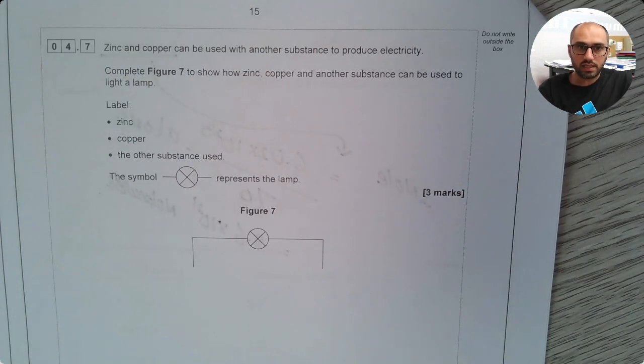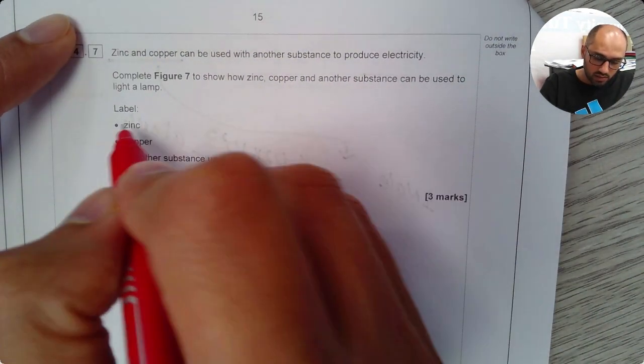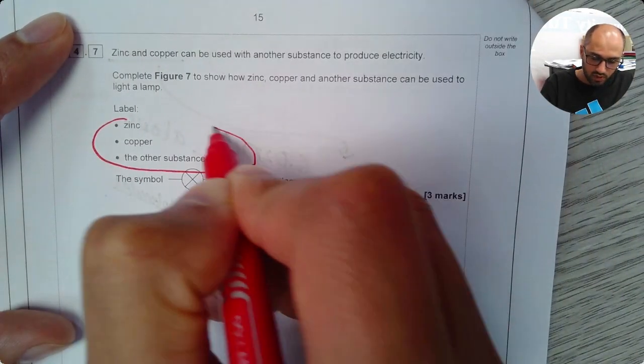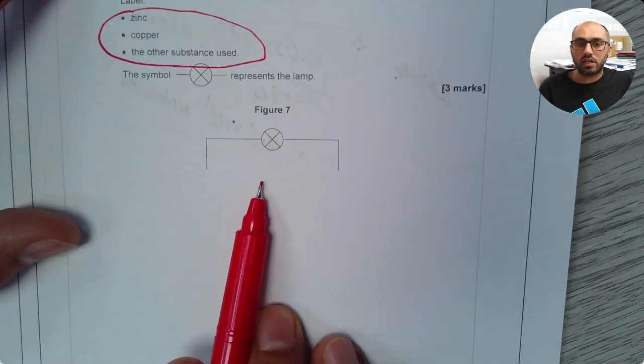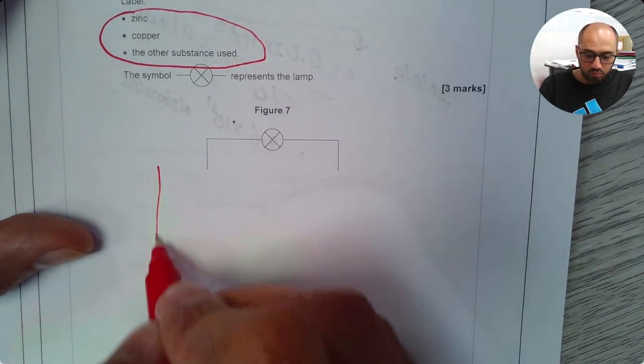Next part says zinc and copper can be used with another substance to produce electricity. Complete figure 7 to show how zinc, copper, and another substance can be used to light a lamp. Label 3 things: zinc, copper, and the other substance used. So this is our electrochemical cell. I'll need a beaker here.